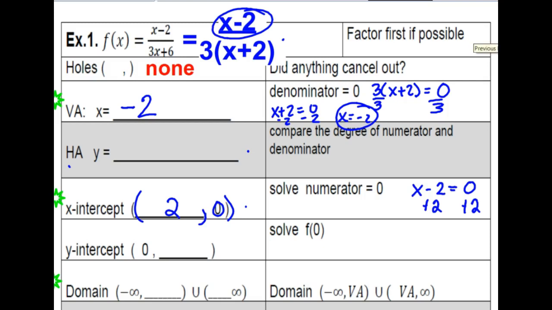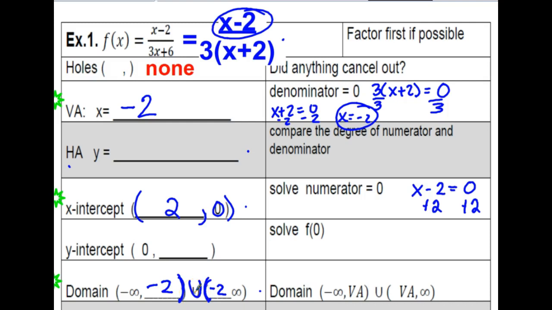It starts at negative infinity, and it goes up to the asymptote, and it jumps over the asymptote, and it picks up on the other side of the asymptote and goes to positive infinity. This parenthesis here means it goes up to the asymptote but doesn't touch it.